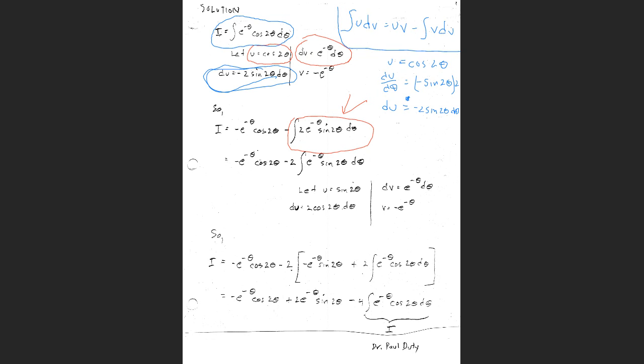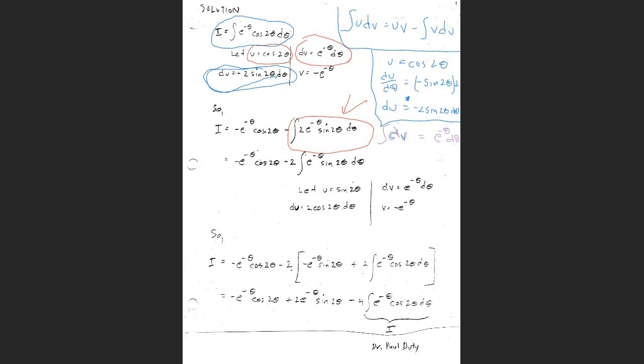And then for the other part, maybe this will help, think of it like this. If you have, maybe I'll put this in purple, dv equals e to the negative theta d theta.